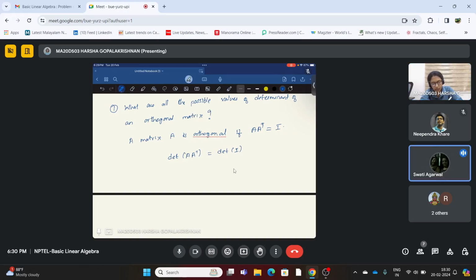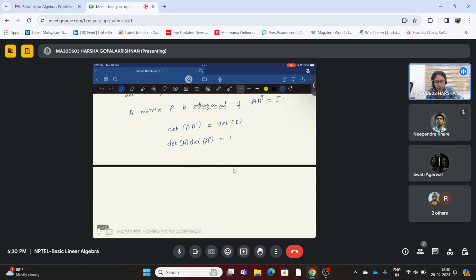Yes, if we have two matrices A and B, determinant of AB equals determinant of A into determinant of B. So determinant of A into determinant of A transpose. What is determinant of the identity? It's 1.